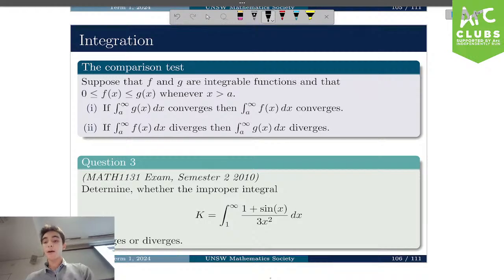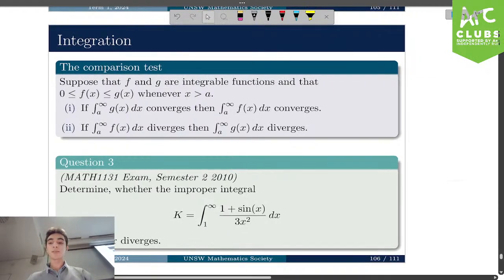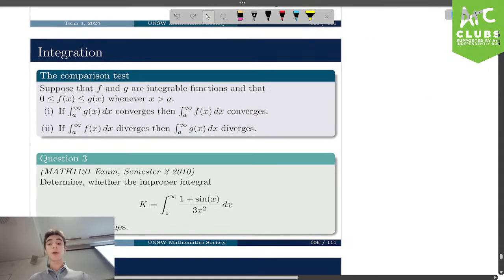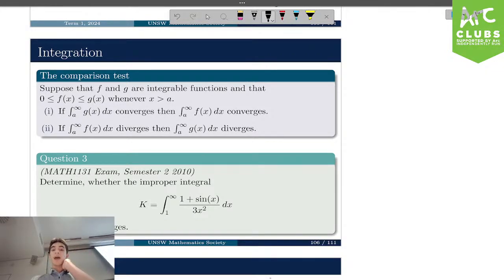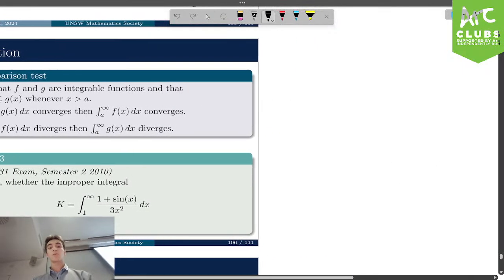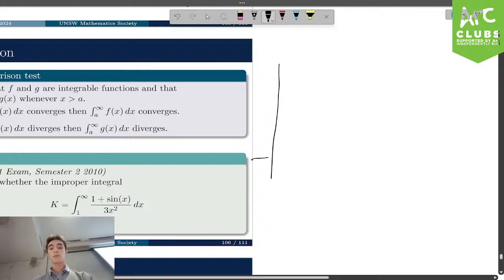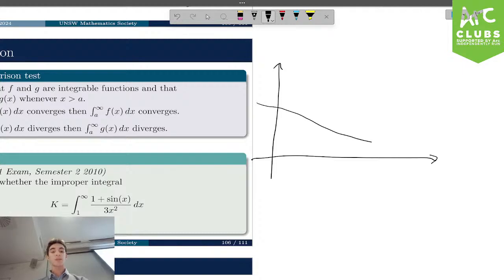So, the idea that we're conveying here is similar to what Angie talked about when she talked about the sandwich theorem, okay? We're given, suppose that f and g are integrable functions, and that f of x is always between 0 and g of x, right? If we want to draw this out, our g of x looks something like this, and our f of x has to look something like this.